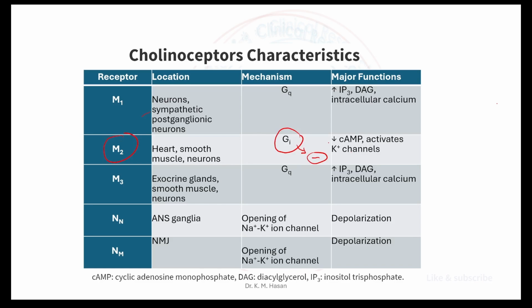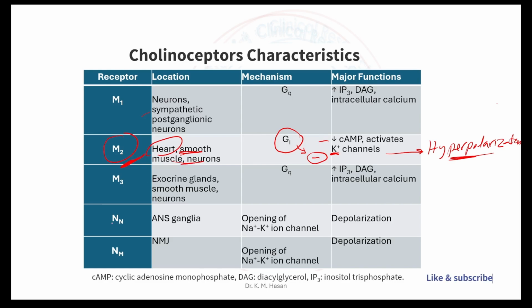This leads to decreased cyclic AMP and activation of potassium channels, which leads to hyperpolarization. So if we talk about M2 in the heart, the result will be slow heart rate and decreased conductance. In smooth muscles and neurons, the result will be an inhibitory effect.